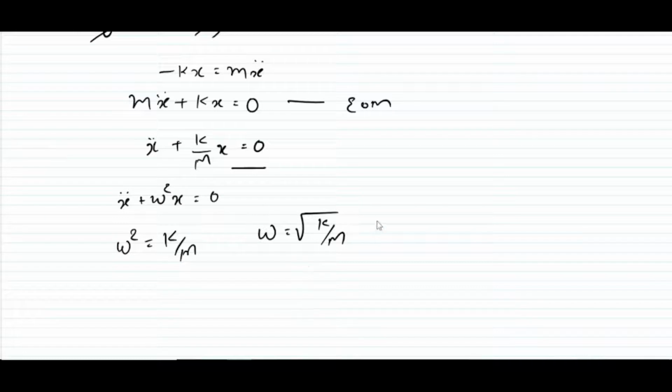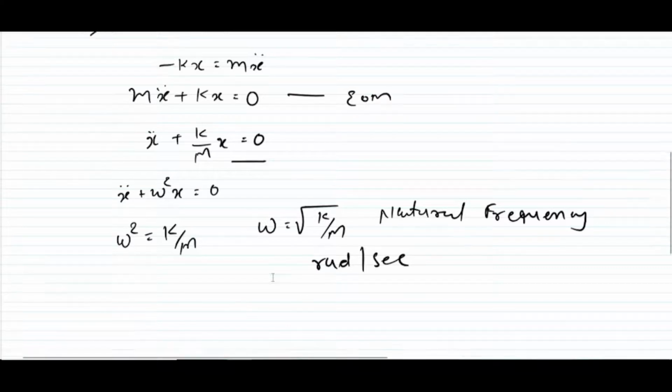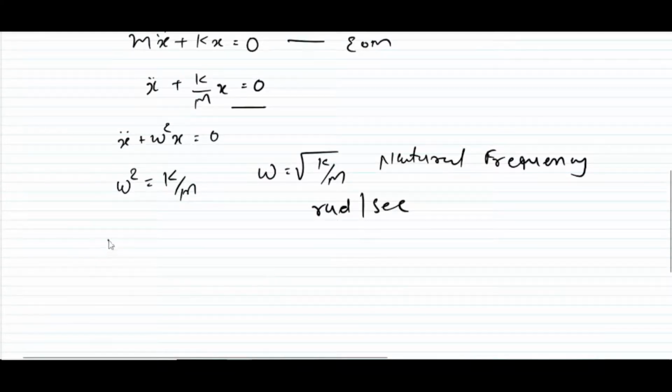So this is the natural frequency of the system. This one is expressed in radians per second, and if we want it in hertz, the frequency f is equal to omega divided by 2 pi.